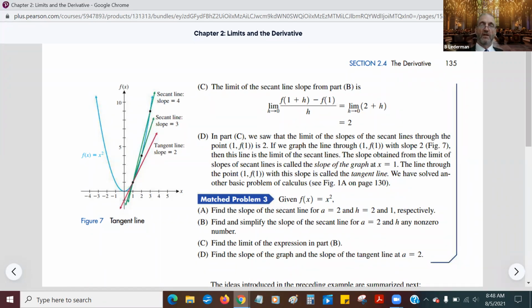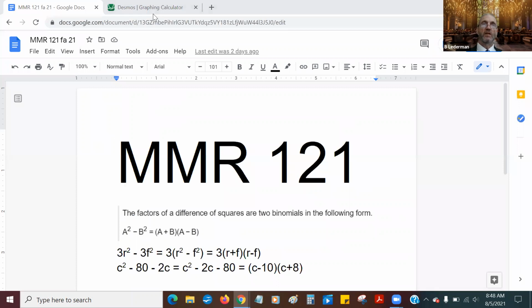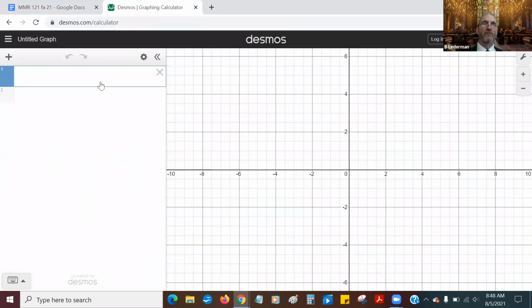Now, for illustration, this is y equals x squared, and we're looking at the point when x equals 1. So let's go to Desmos. Okay, so we have y equals x squared.